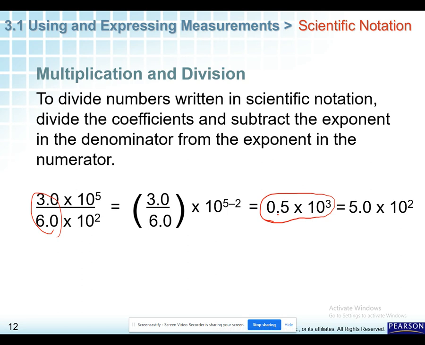So in order to get the number between 1 and 10, I move the decimal to the right to get 5. And since I moved the decimal to the right, I actually had to subtract 1 because this number is less than 1. So it would be same as 3 minus 1 gets me 2. So 5.0 times 10 to the second is correct.